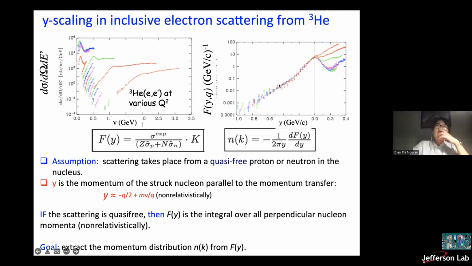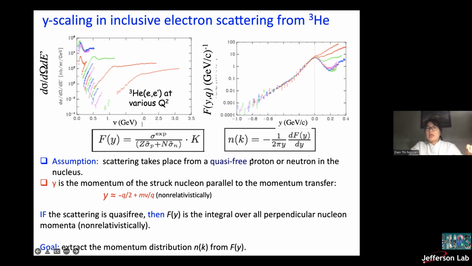In the region where quasi-elastic scattering takes place, where the electron scatters from a quasi-free proton or neutron in the nuclei, we will see this behavior. That is how we can use the Y scaling to isolate the quasi-elastic events.